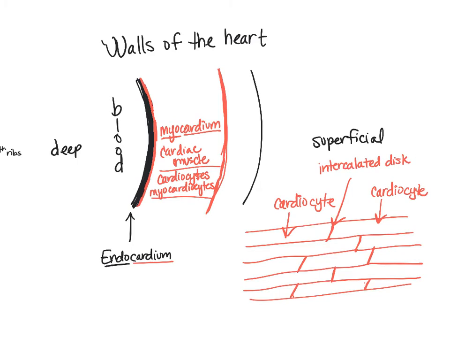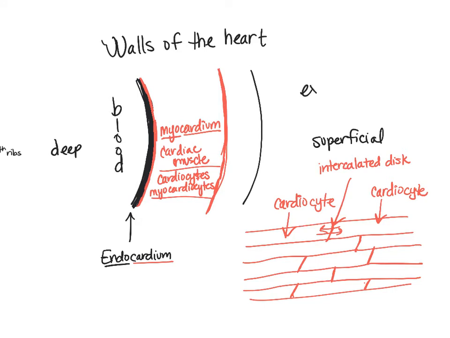Now this intercalated disc is very important to cardiac tissue. What this does is it allows these adjacent cardiocytes to share cytoplasm, so it can actually go between the two of them, but also remember that cardiac tissue is excitable. Let me write that down here.